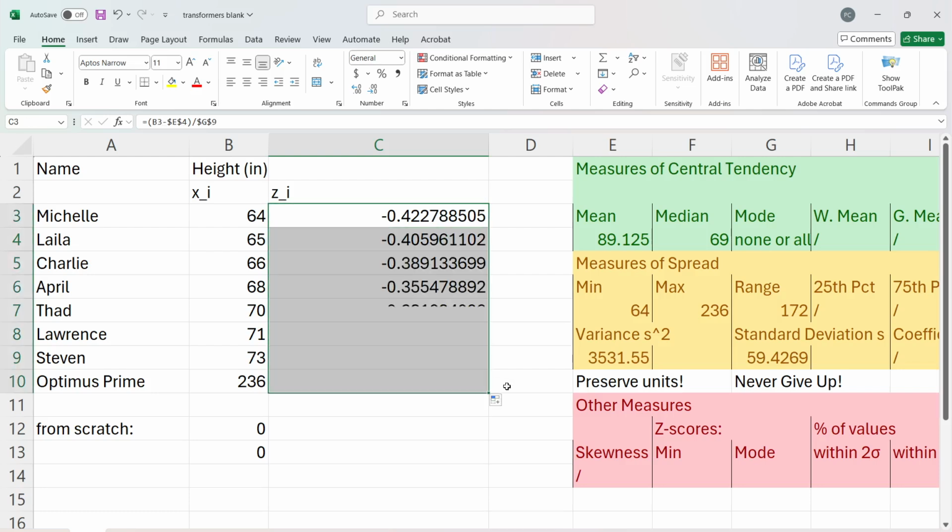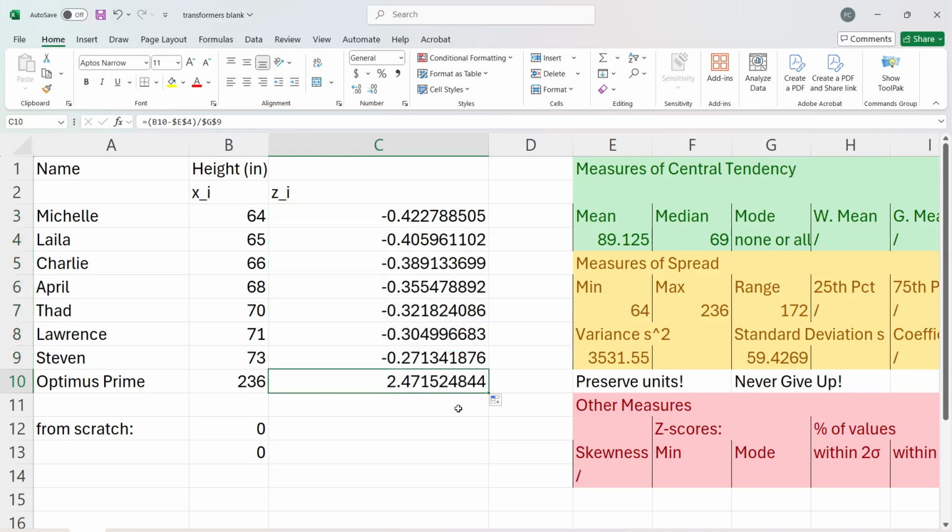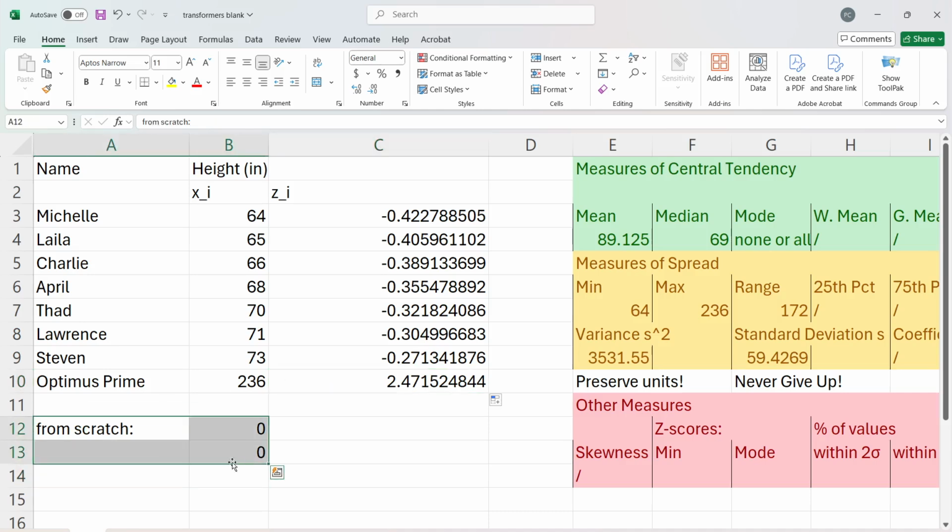And taking that all the way down, I see that everyone is below average and less than a standard deviation, except Optimus Prime, who is, of course, almost 2.5 standard deviations taller than average. That makes sense. And this is broken now, so I'll go ahead and get that out of there.